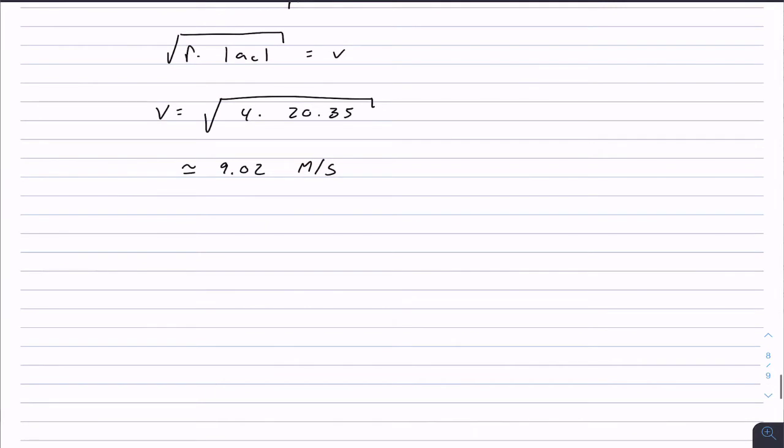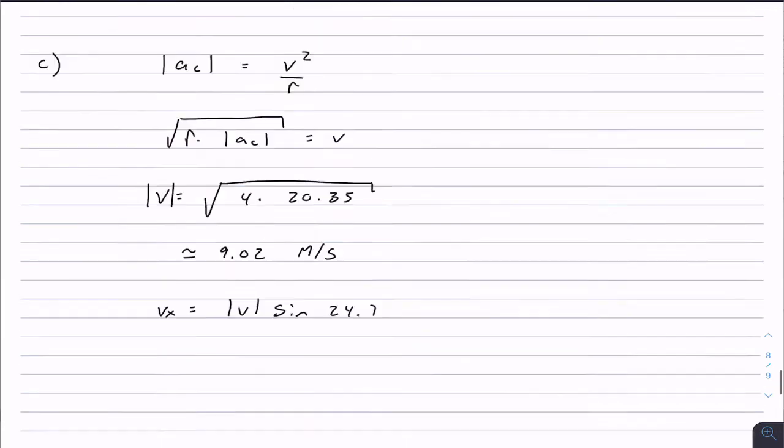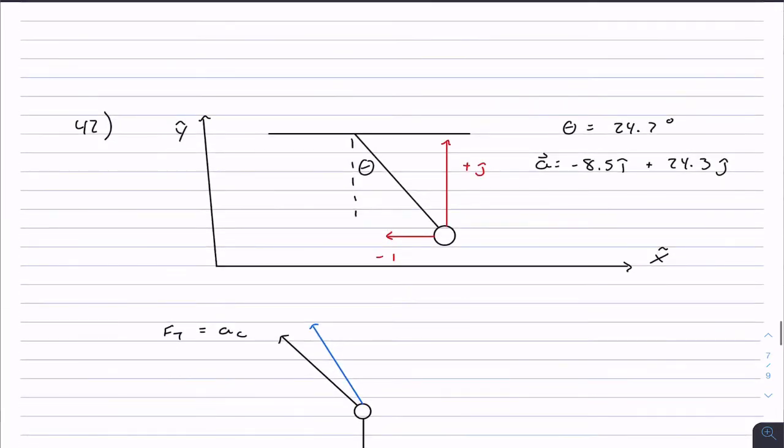Now, if we want the velocity, v_x is going to be the magnitude, which is our speed, v times sine 24.7, because since theta is up here, sine theta is in the x direction and cosine theta is in the y hat direction.